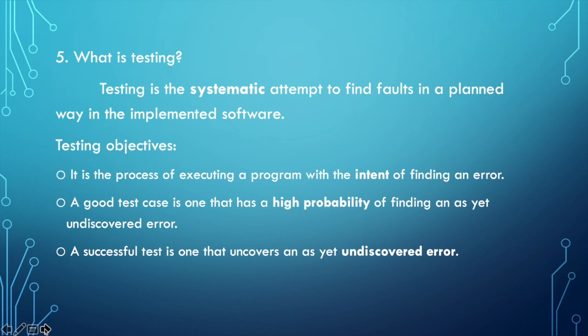Okay, so that's why it is called a systematic attempt and a planned way to find faults. And a successful test is one that uncovers an as yet undiscovered error. And an undiscovered error is one you'd like to avoid.